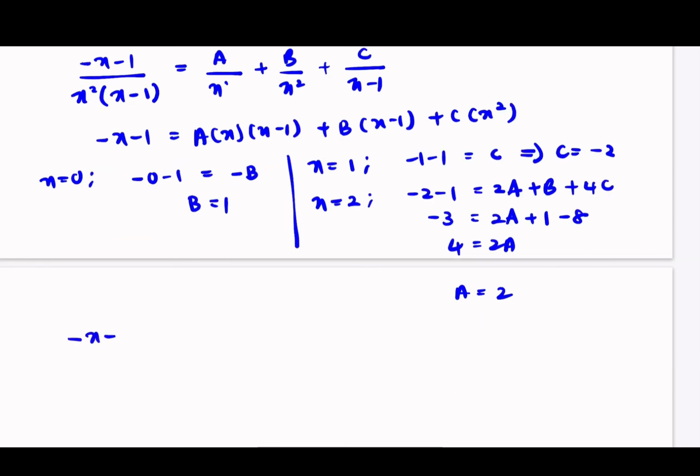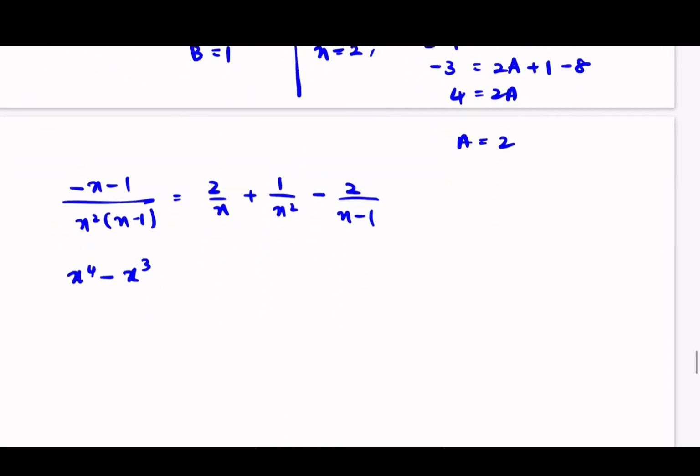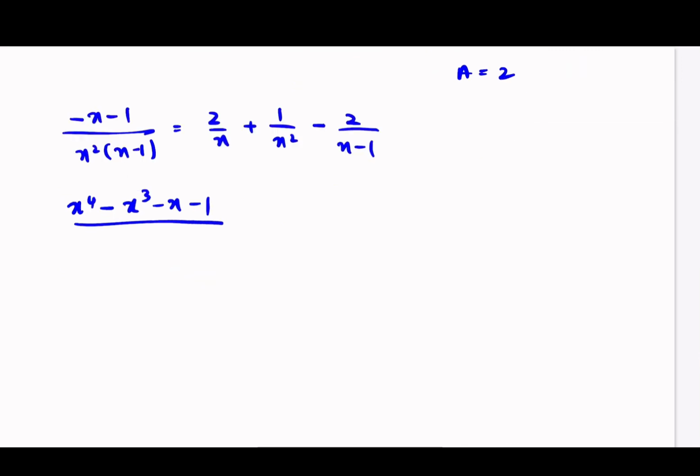So, we have negative X minus 1 over X squared times X minus 1 is equals to 2 over X plus 1 over X squared minus 2 over X minus 1. So, as a whole, untuk X kuasa 4 minus X cubed minus X minus 1 over X cubed minus X squared is equals to X plus 2 over X plus 1 over X squared minus 2 over X minus 1.